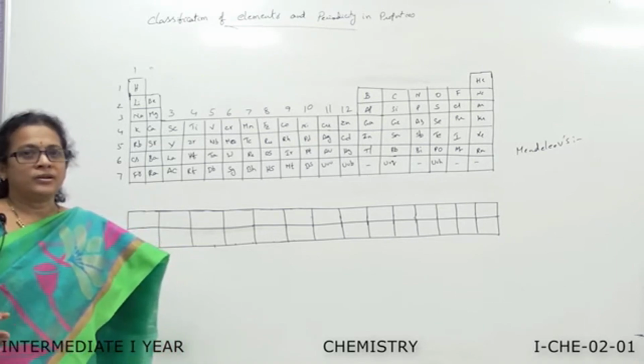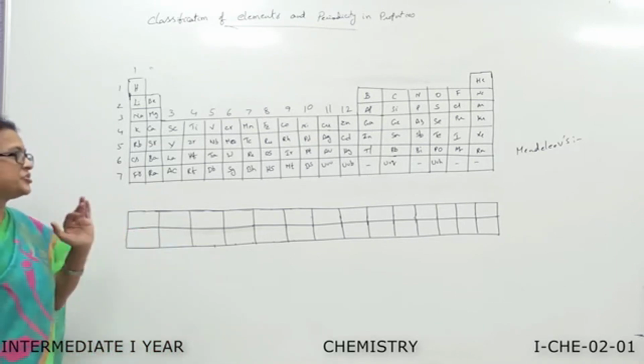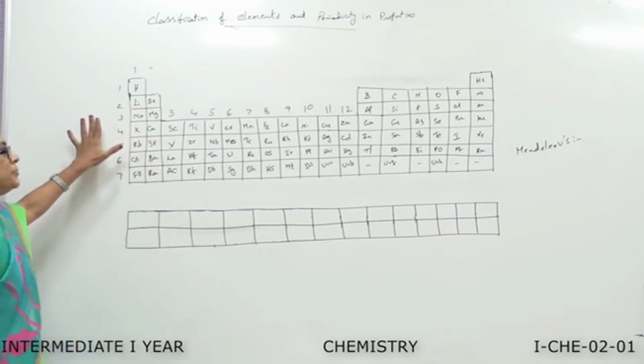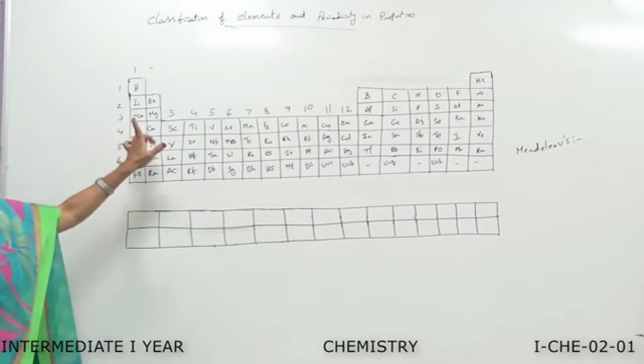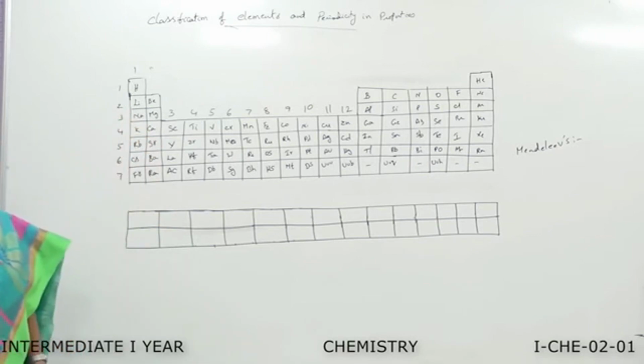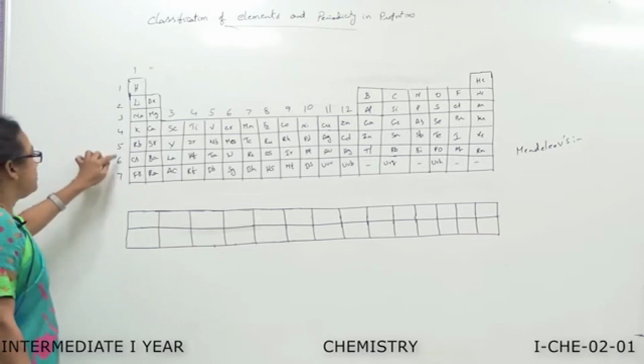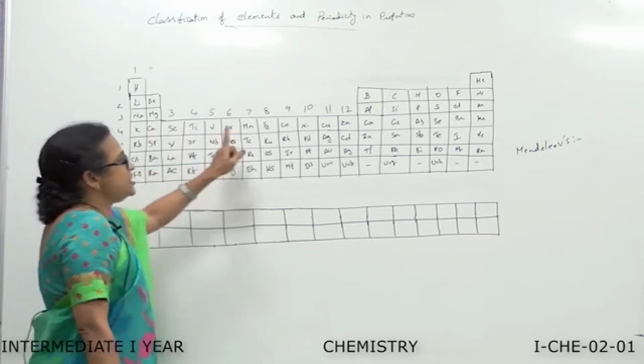And later on this also changed, and the modern periodic table is now given on the basis of electronic configuration. In this modern periodic table, there are 7 periods and 18 groups.